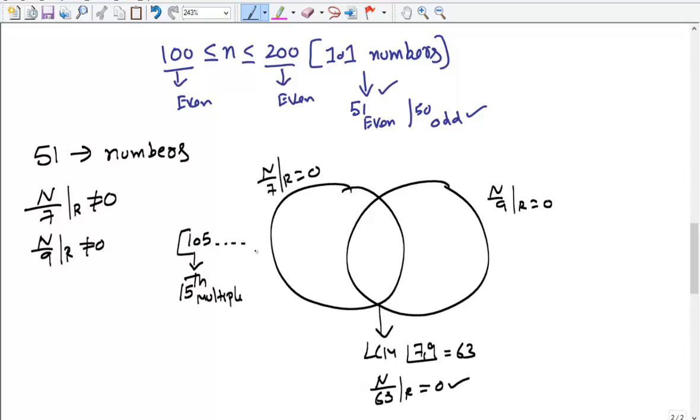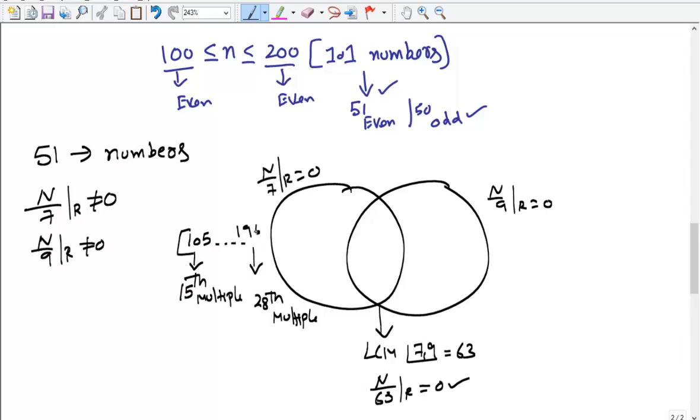That is the 28th multiple. That is 196. So we have got 15th multiple to 28th multiple of 7 which are lying from 100 to 200. It means that there are 14 multiples. 14 multiples of 7 are there from 100 to 200.